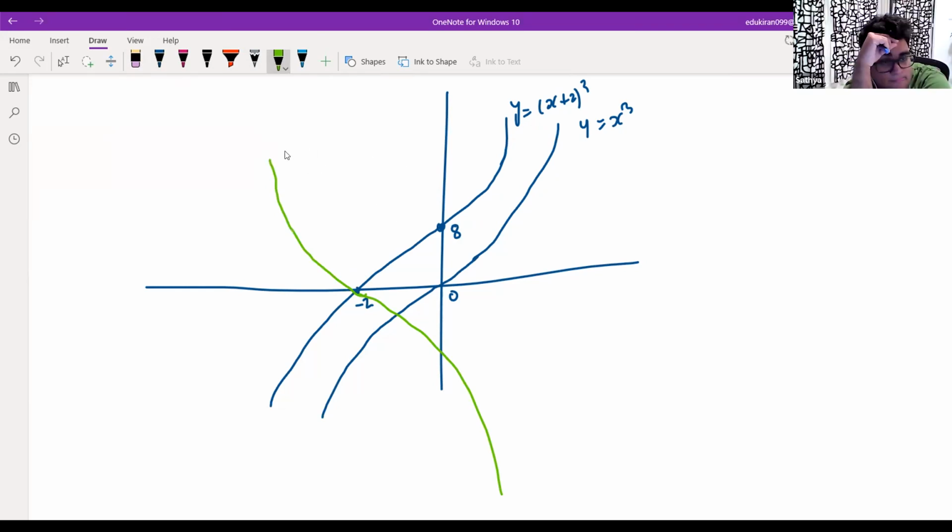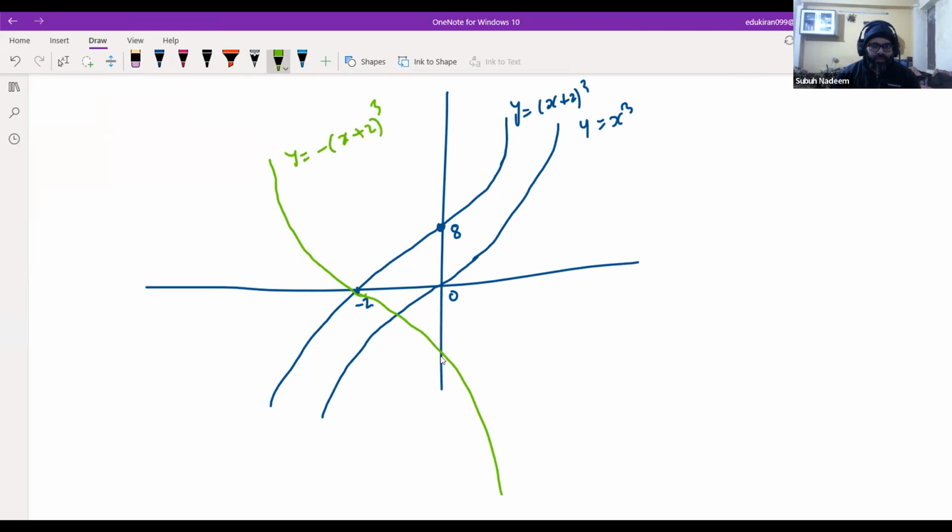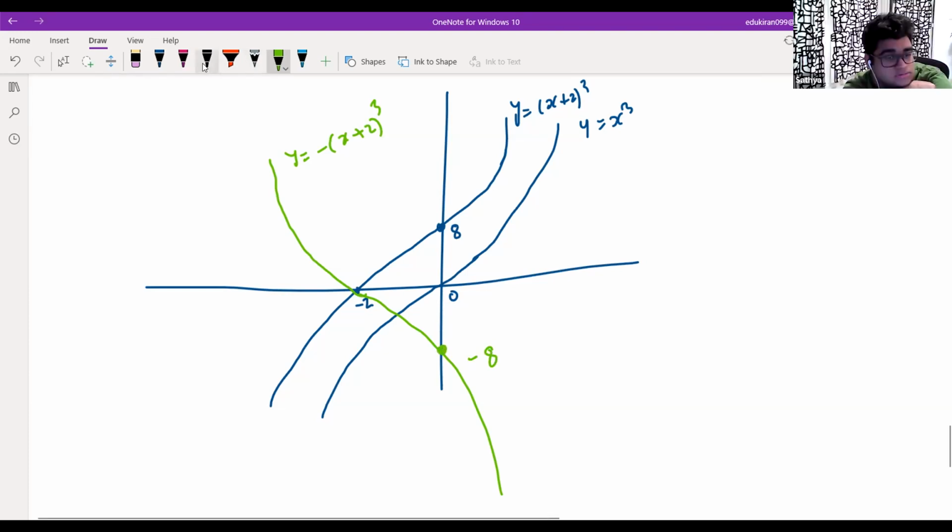Like this. So this is y is equal to minus (x plus 2) whole cube, and this is intersecting at minus 8 on the y-axis. Till here it is clear? Yes, sir. This was fine.